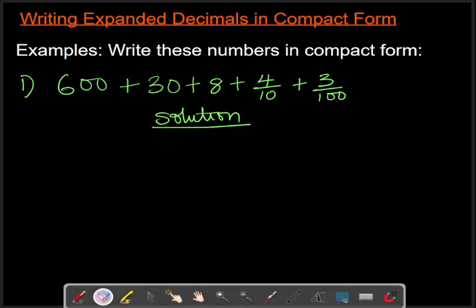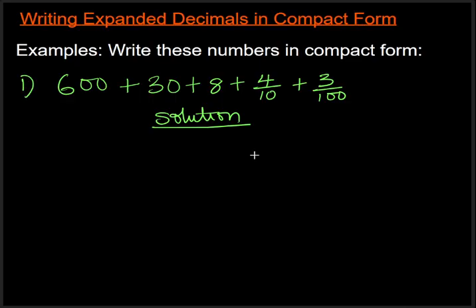Okay. So what we'll be having here: for the 100 place, we have 6. For tens, we have 3. For unit, we have 8. And then what brings in this fractional part is our decimal point.